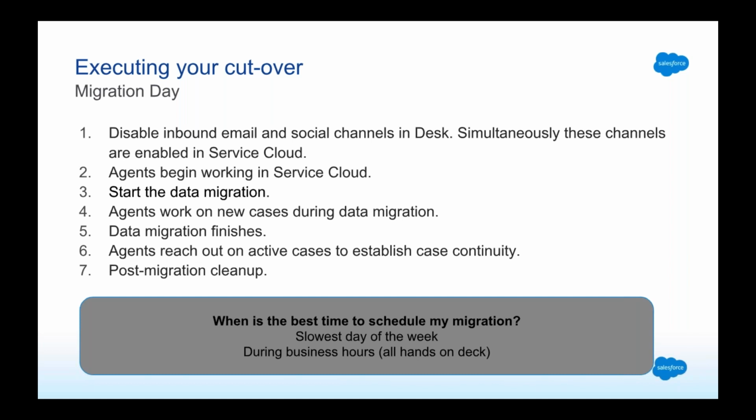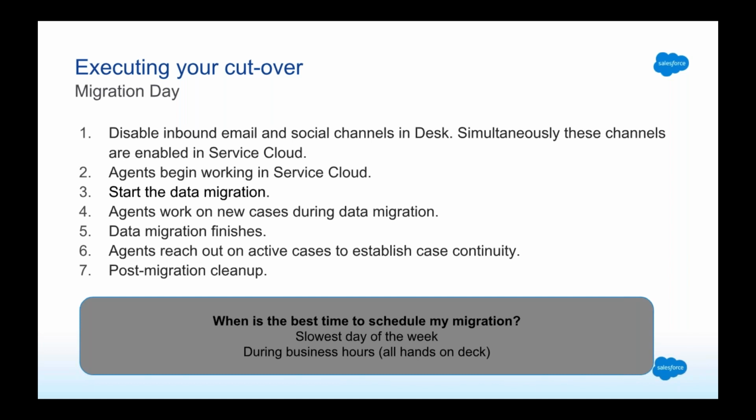So usually what Desk does and what Service Cloud does is we hide a little text identifier into the body of your replies, and then when the customer quotes that reply, your case knows where to go based on that text identifier. The problem is that Desk and Service Cloud have different thread IDs, as they're called.